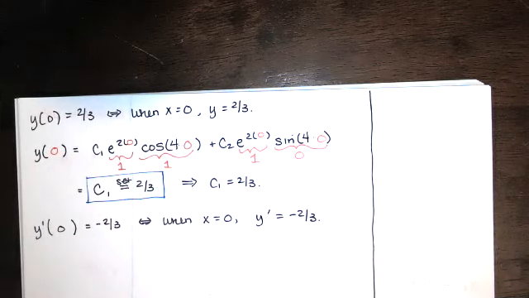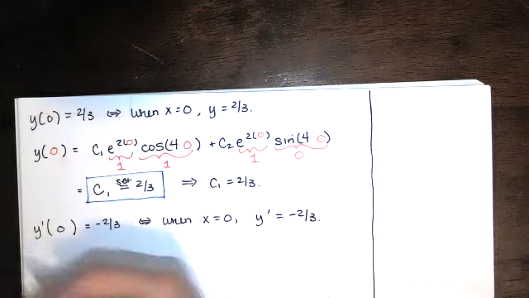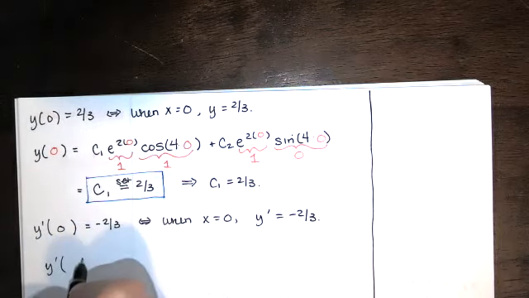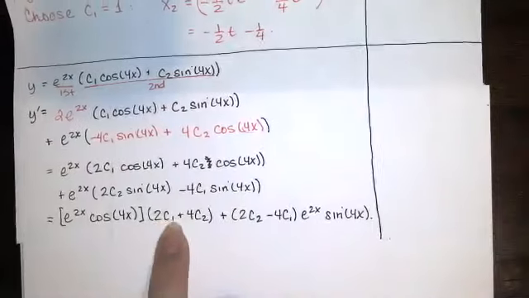Okay, so now we want to do the same thing that we did with y of 0. We want to do that with y prime of 0. So we want to write down our y prime function. Y prime is equal to this.